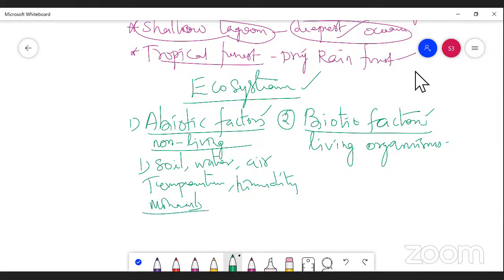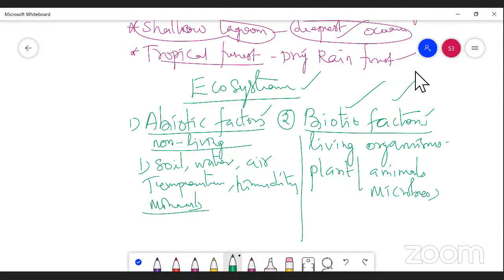Those are abiotic factors. The other topic is biotic factors, which means plants, animals, including microbes also. So these components are biotic factors.